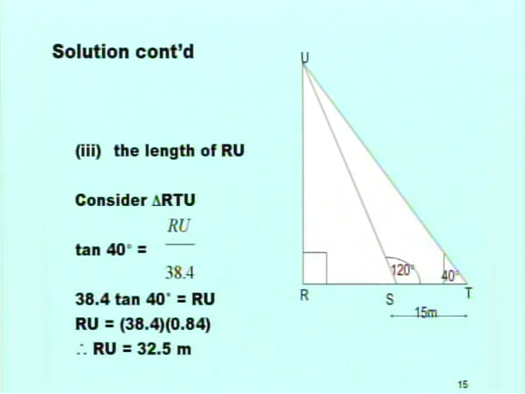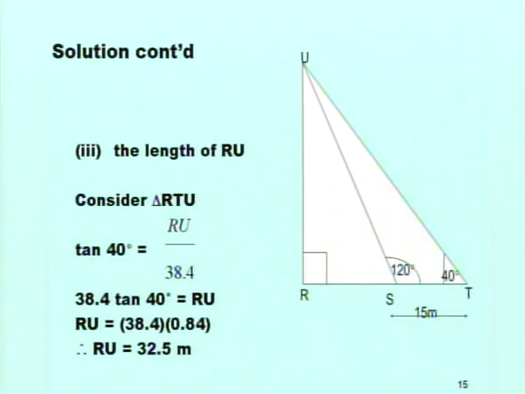The third part of the solution. We are asked to find the length of RU. Consider triangle RTU. Tan 40 degrees is equal to RU divided by 38.4.